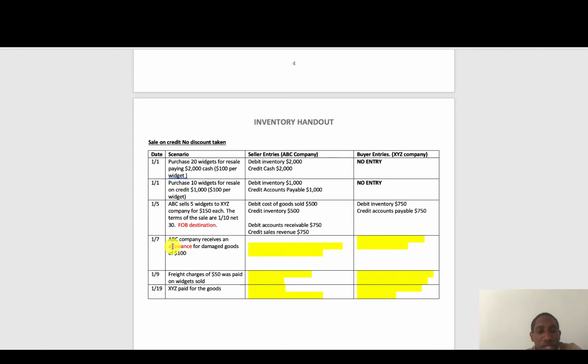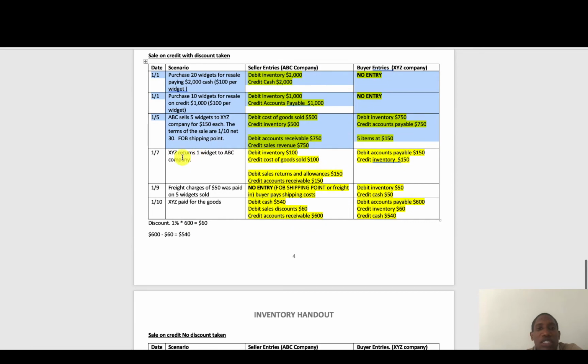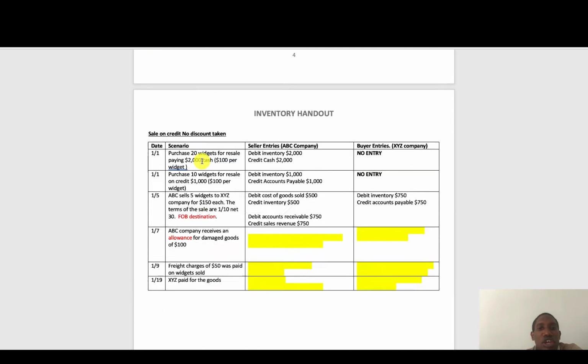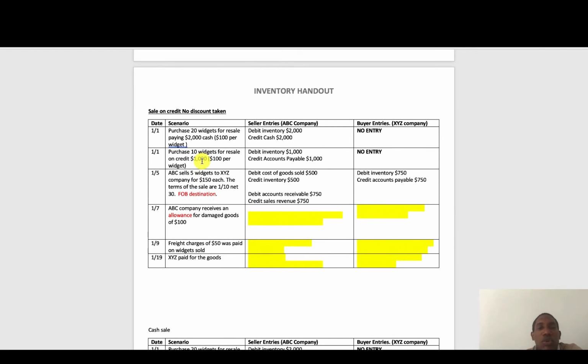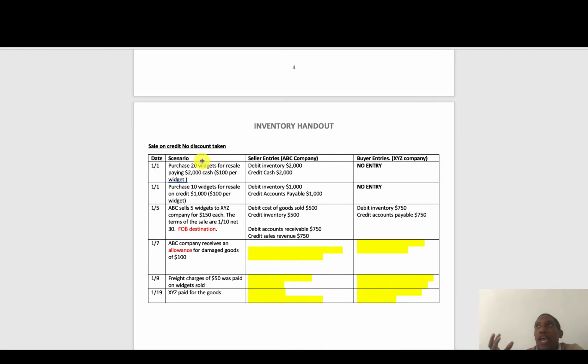All right, so now let's look at this one. It says ABC Company receives an allowance for damaged goods of $100. So what is the difference between an allowance and a return? In the previous scenario, XYZ returned the goods. When you return goods, you are taking inventory that you received and giving it back. You're saying to the seller, to ABC, hey, I'm taking these back.